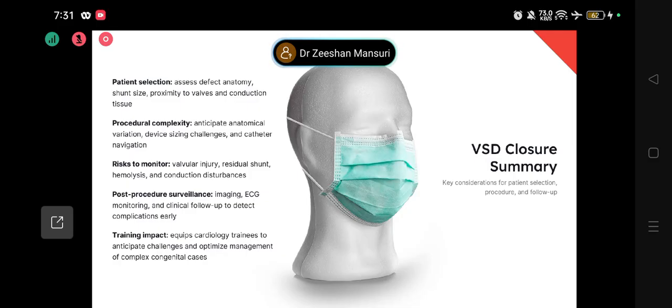And by far the last procedure you will learn as a fellow or as a consultant, because nobody is going to give you a VSD device closure on your first day after your DM exam or DNB exam, and nobody is going to teach you how to do a VSD device closure without making you assist them for at least 10 to 20 devices, because that is the complexity. If you don't assist the device first, you will not be able to perform the device alone.